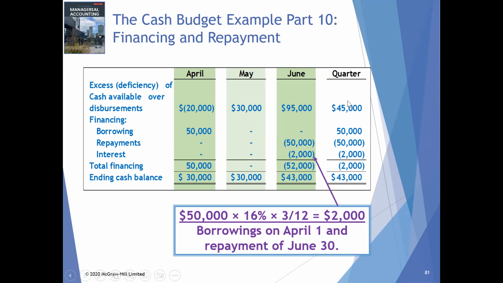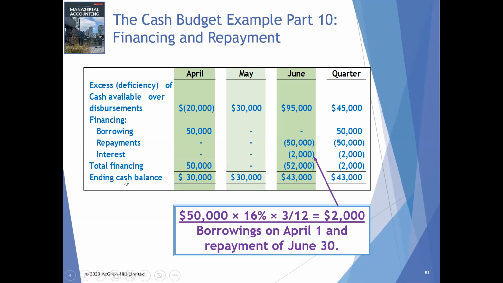Okay, so now we have here at the beginning of the quarter $45,000 available. Then we know the total of 50,000 and 2,000 is a negative 2,000, and the closing balance is the $43,000, which is here. So we always calculate this way, April, May, and June.